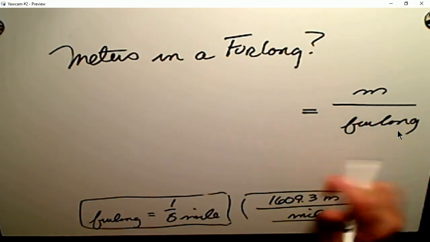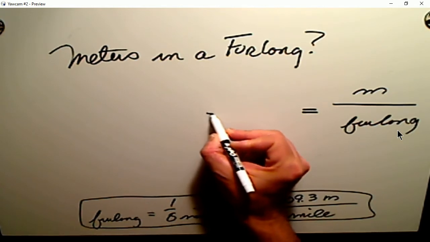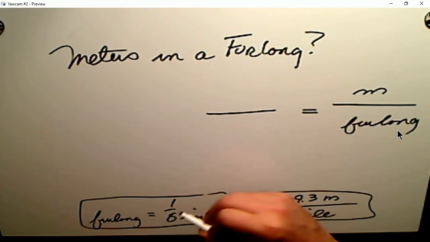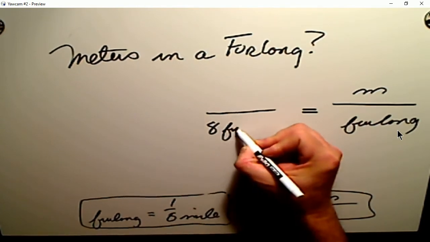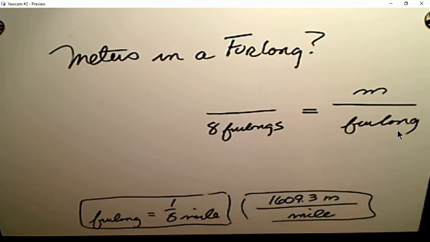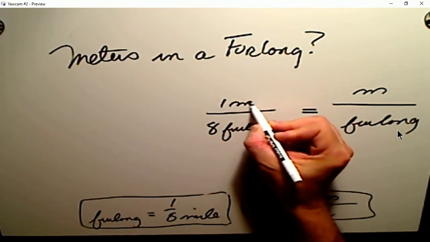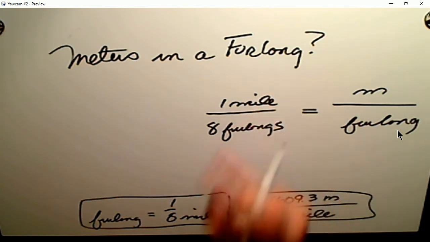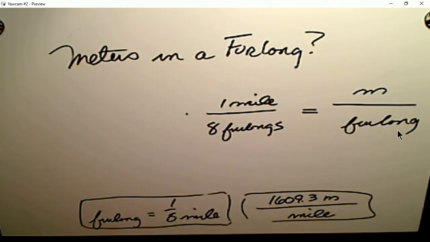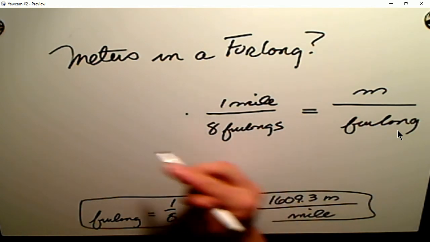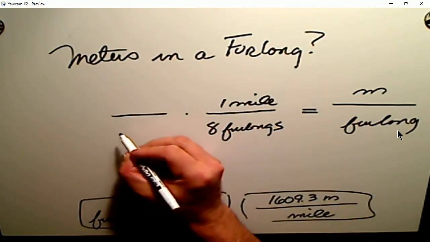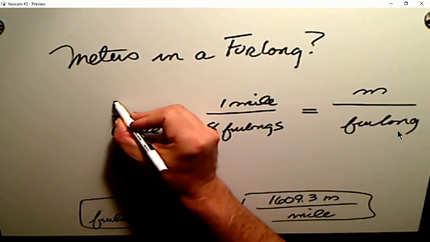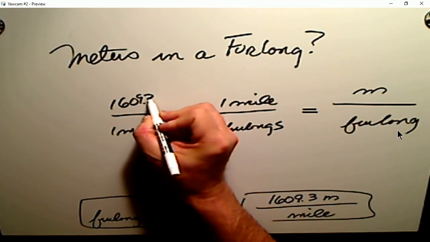And so I definitely need furlongs in the denominator, and we know that there are 8 furlongs in 1 mile. Well, that gets the furlongs in the denominator. Definitely don't want miles in the numerator, but we know that 1 mile equals 1,609.3 meters.